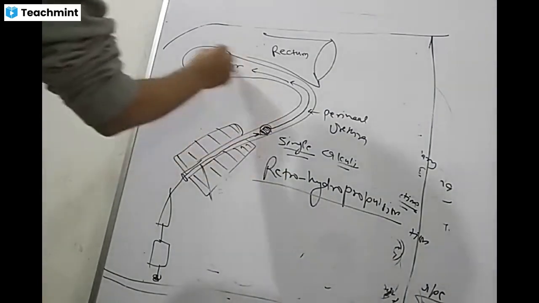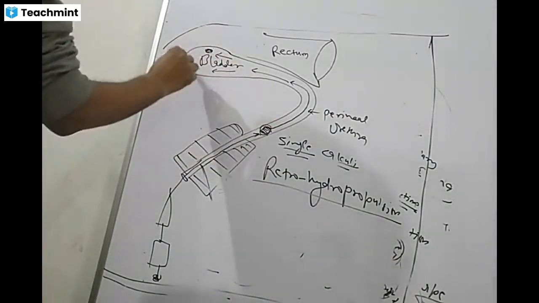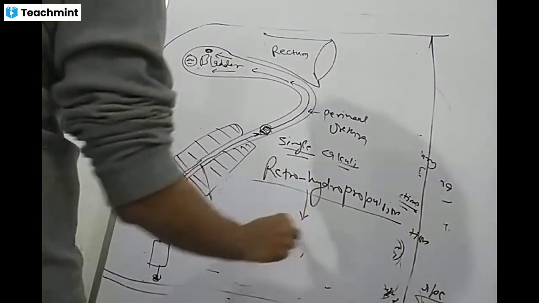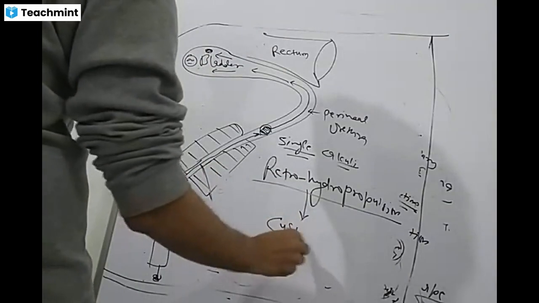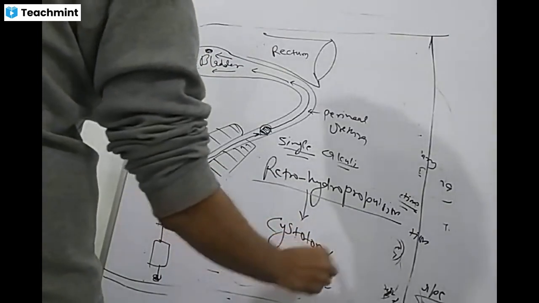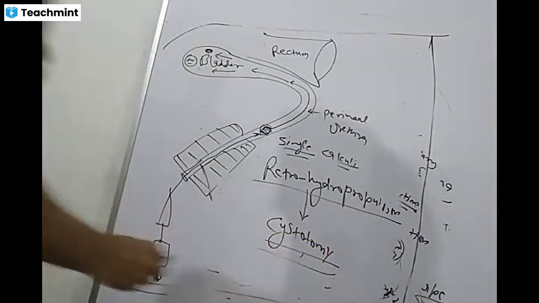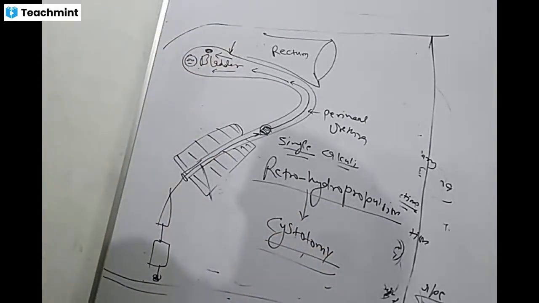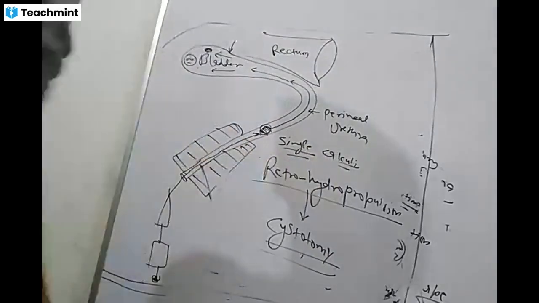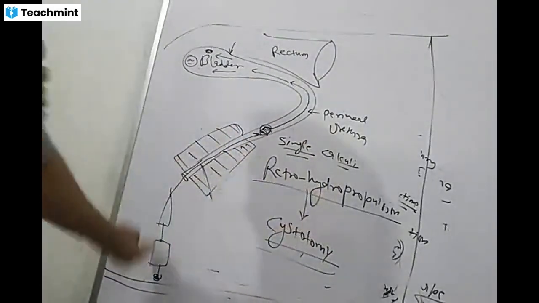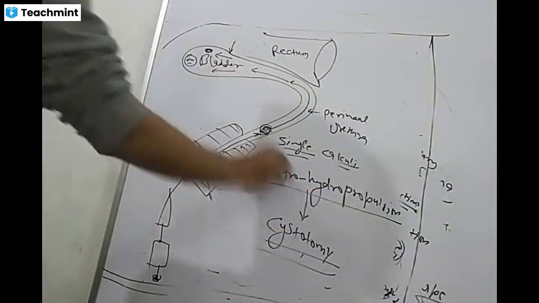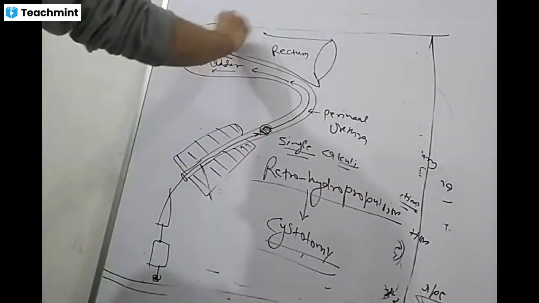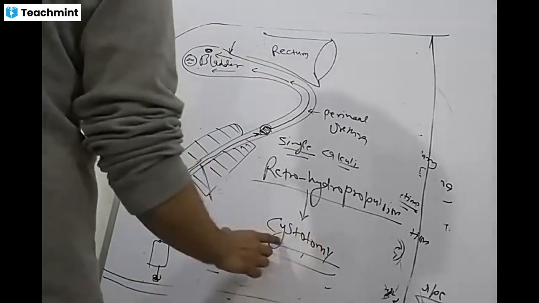After we push this stone into the bladder, then we can go for cystotomy. We'll make an incision on the bladder and take out the stone. So in case of dog, the first step is push this stone into bladder, retrohydropropulsion, and then from the bladder take out, that is the cystotomy.